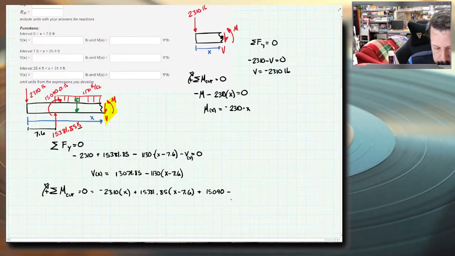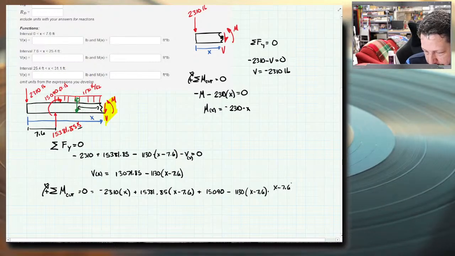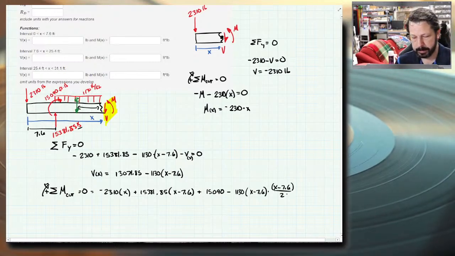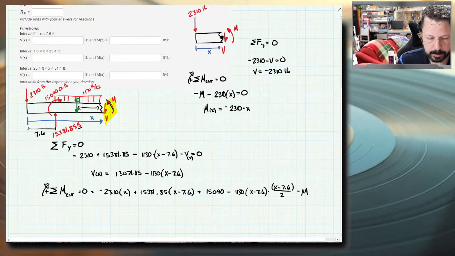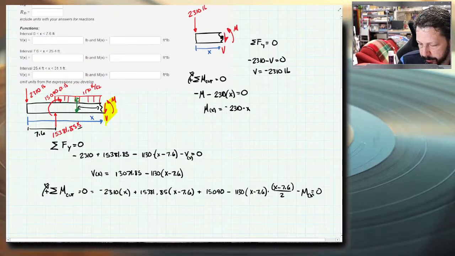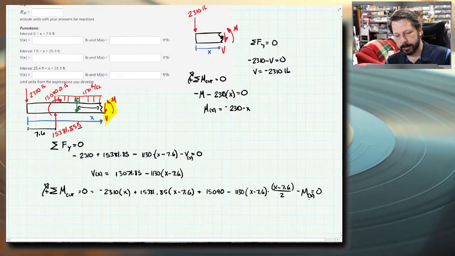So minus the magnitude, the green arrow's magnitude, is 1,130 pounds per foot, times x minus 7.6 feet, times the moment arm of that distance, which is x minus 7.6 feet over 2, minus M, because it's drawn counterclockwise, and I said clockwise was positive. So equals 0. This is technically moment as a function of x, because there's several x's in here.